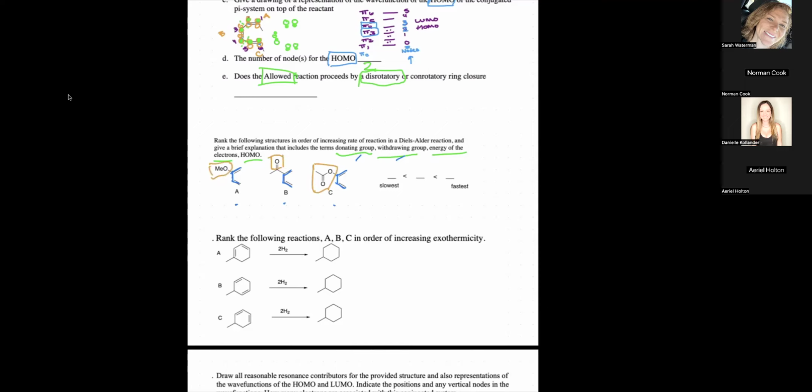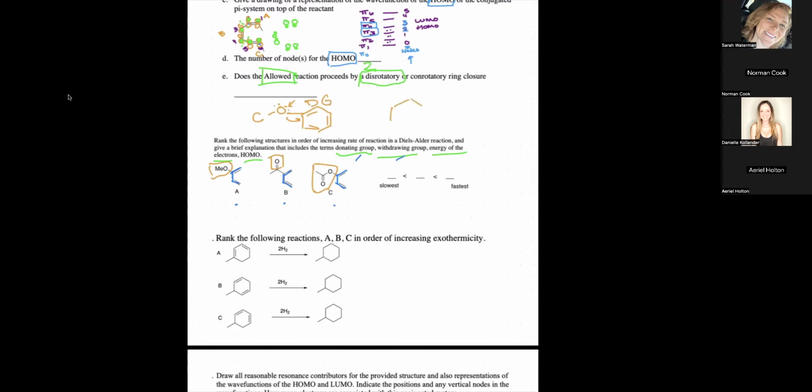So when you have withdrawing groups versus donating groups, the best way that I found to memorize these was this. Say you have this conjugated system here, and then you've got some group here. If you have a more electronegative atom closer to the conjugated system, then it will be a donating group, because it will participate in this resonance, right?